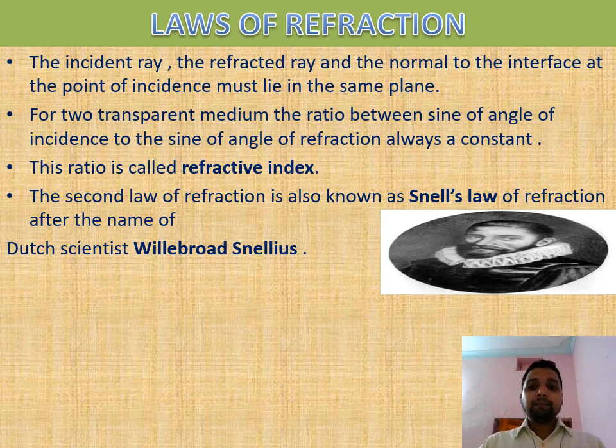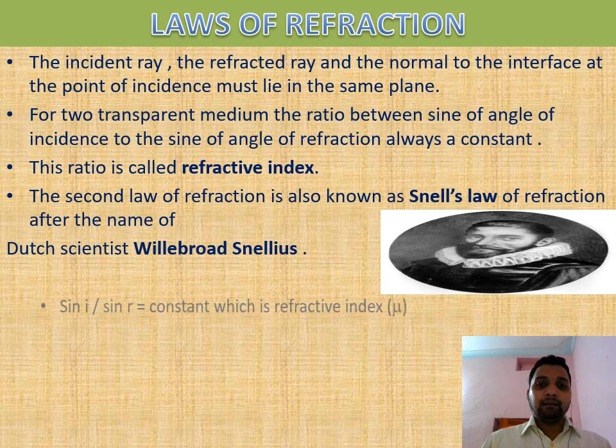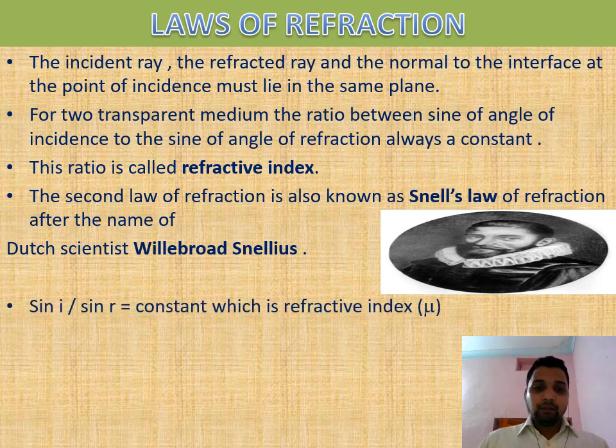So the mathematical expression of Snell's law, the second law of refraction, is sin i by sin r equal to a constant, which is the refractive index. And here you can see another Greek letter used, which is mu. This is the letter mu. Mu is used for refractive index.